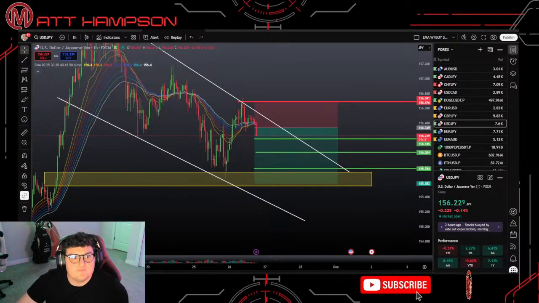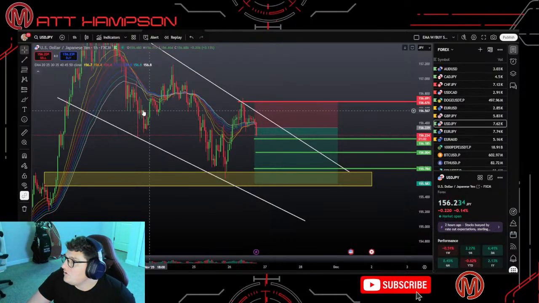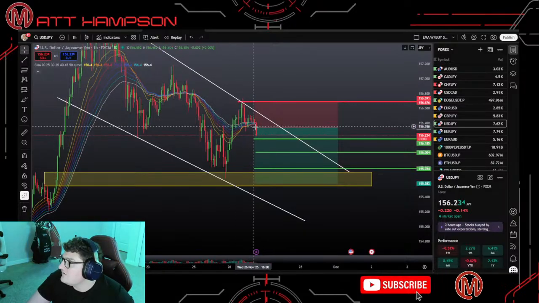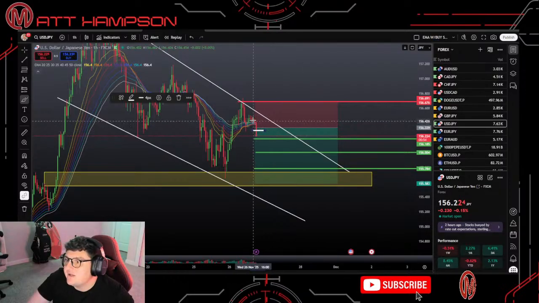Something that I like to do, if you manage your risk properly, is take a second entry, but only if you're not over leveraged in your account. If you use proper risk management, you're obviously not going to be over leveraged. If we get a pullback to this area, typically we'll see a wick on the next candle about halfway up the previous bearish wick.